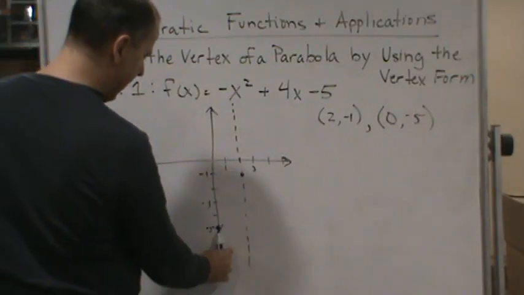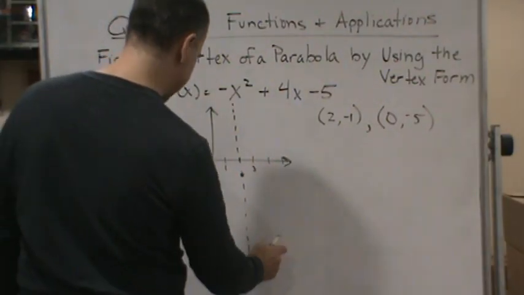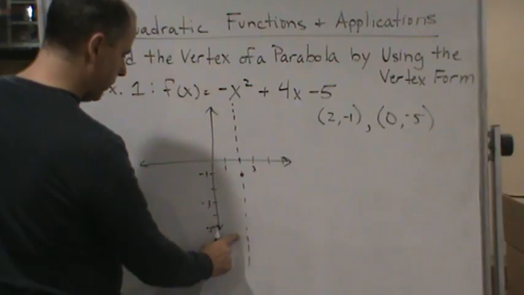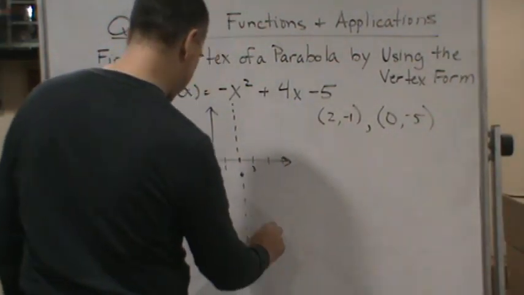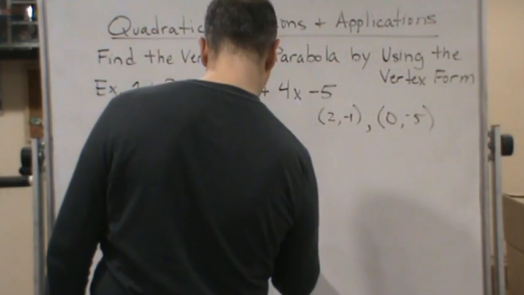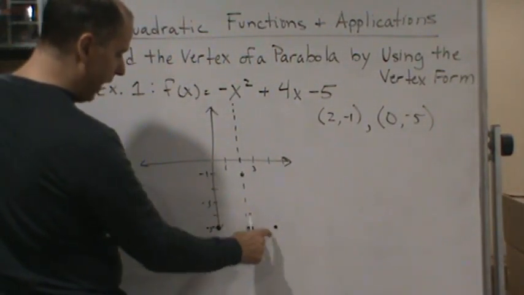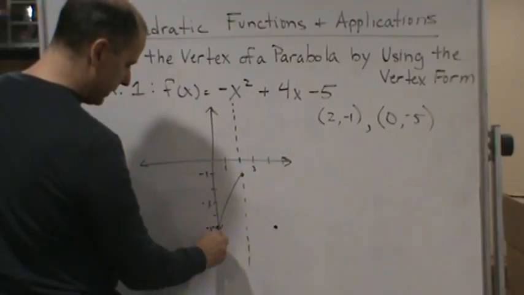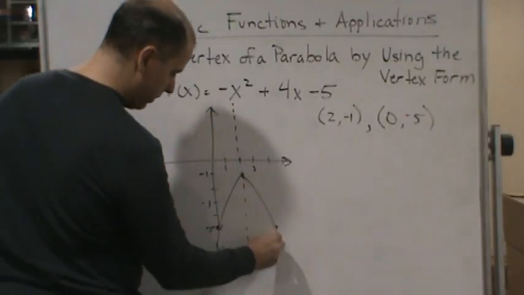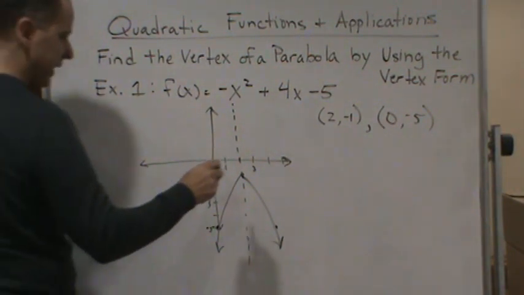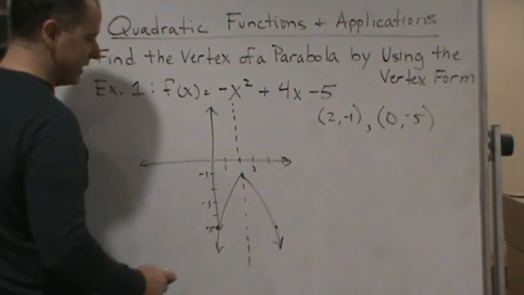Not only at 0, but at 4, because 0 is 2 units away from 2, so we go 2 units away from 2 on the other side, which is 4. So we have another point at (4, -5). And so now we can sketch the parabola.